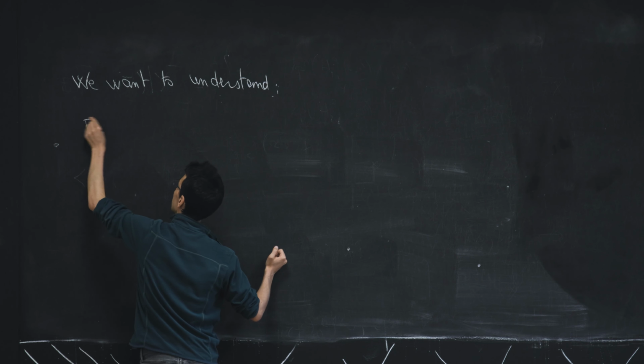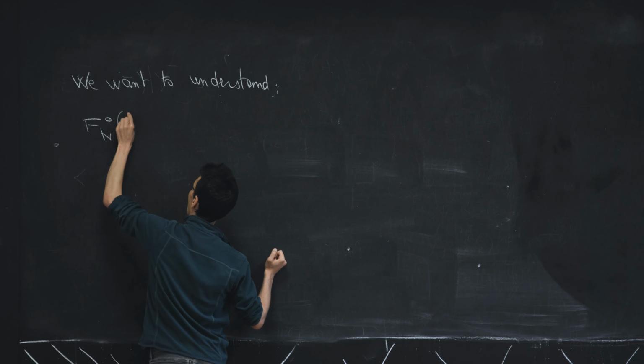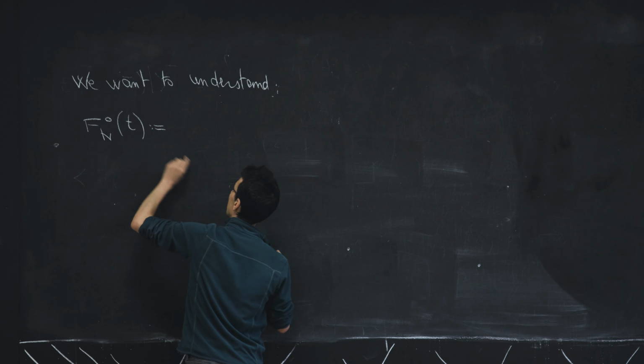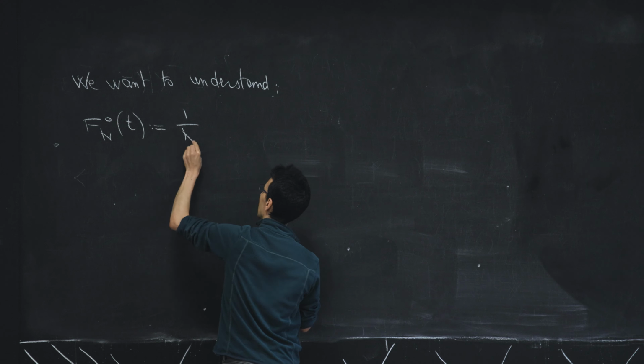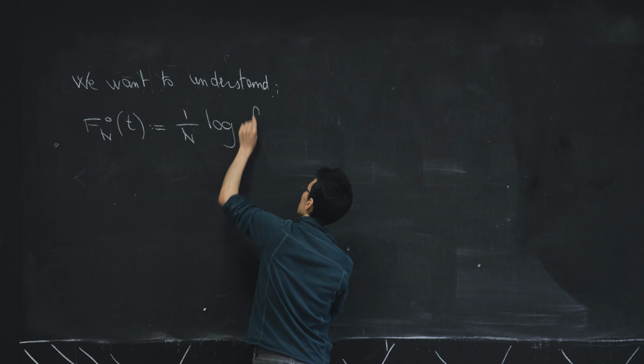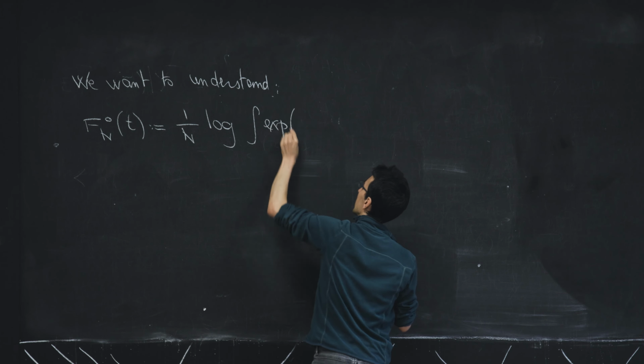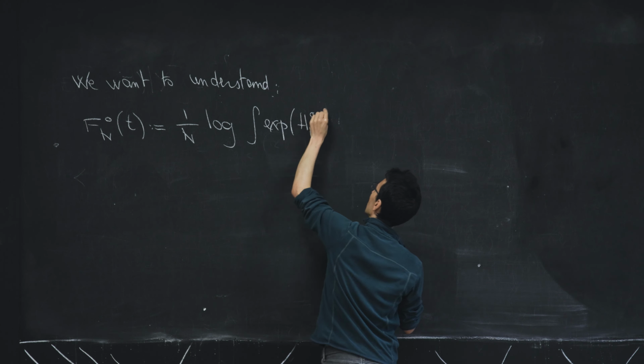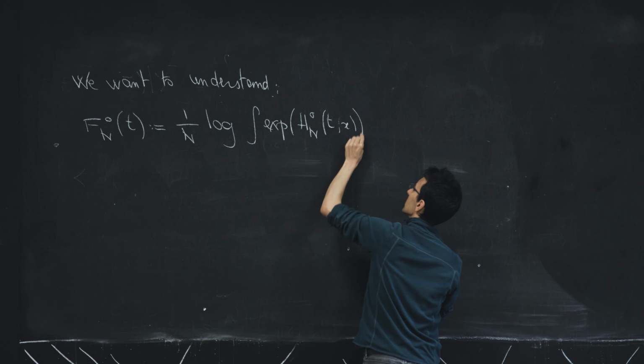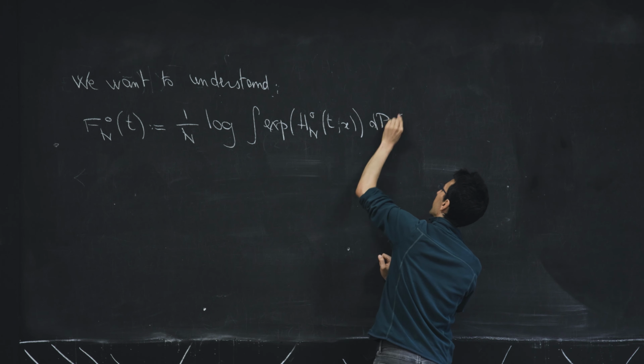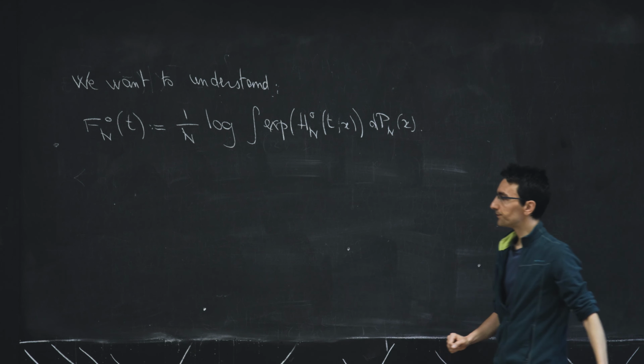So in our case, if I write the free energy as it comes for us, I'm going to write something like this: 1 over n log integral of exponential of h_n^0(t, x) dP_n(x). Okay.